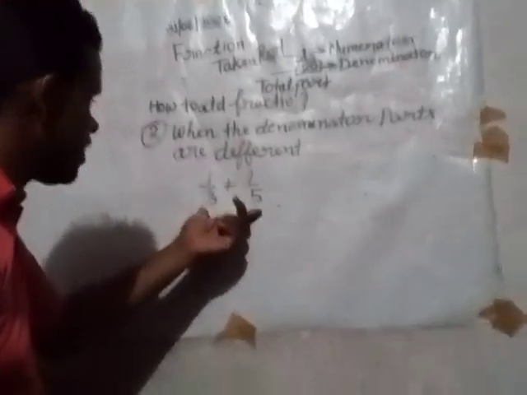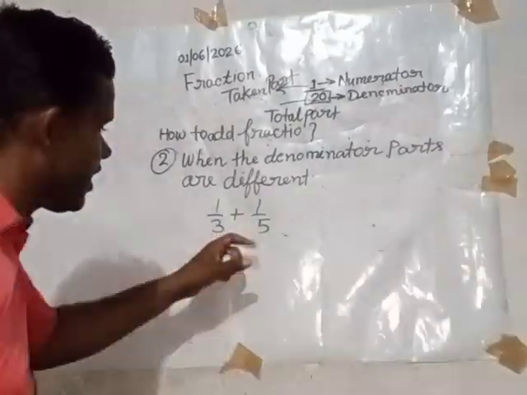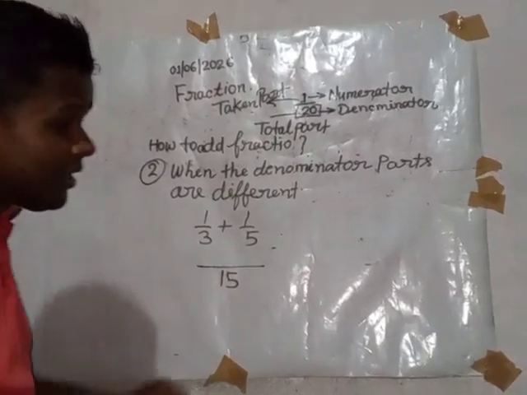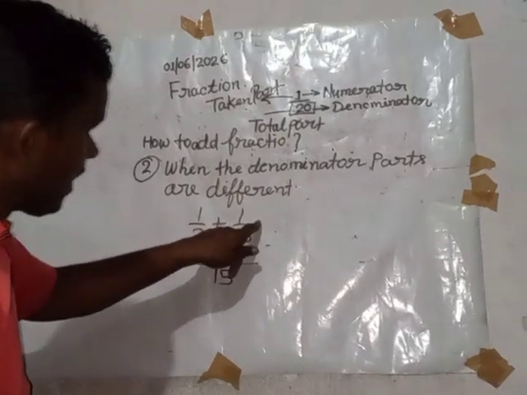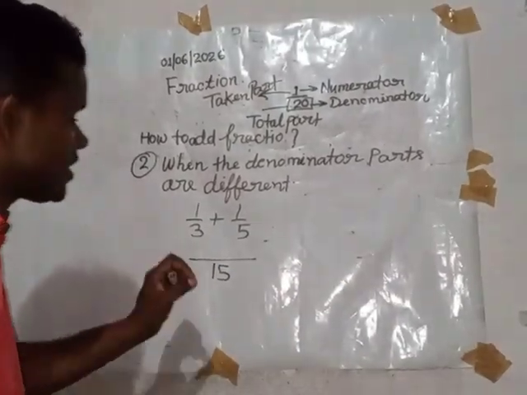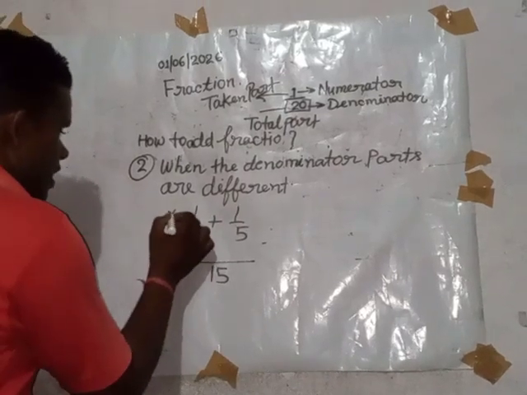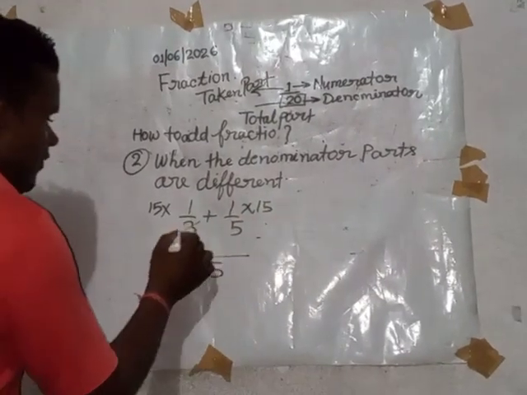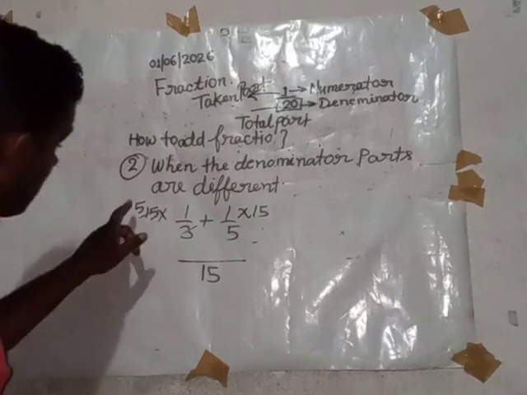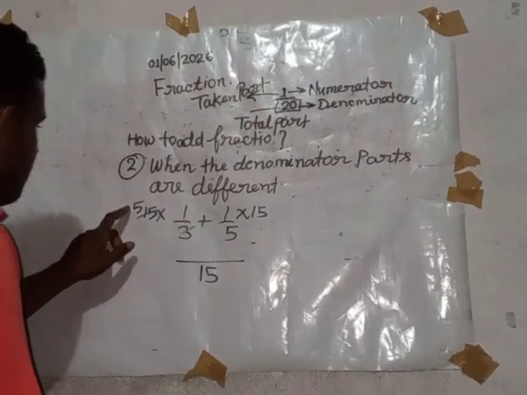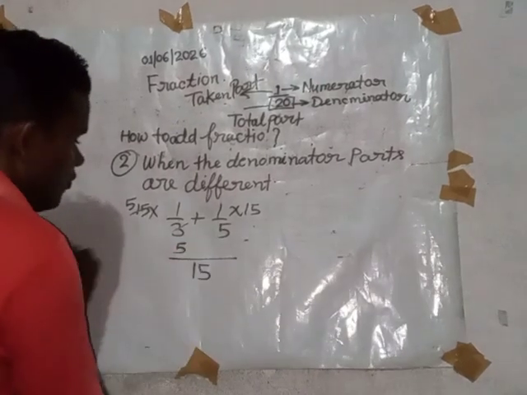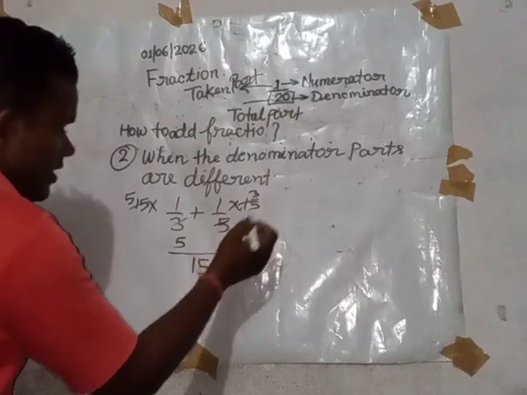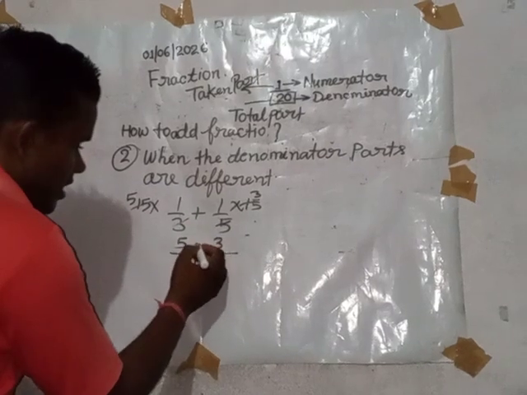Here the LCM of 3 and 5 is 15, so we write 15. We multiply each fraction by 15. 3 5s are 15, so we write 5 and multiply by its numerator: 5 1s are 5, so we write 5. Then 5 3s are 15 and 3 1s are 3, so we write 3, and the sign is plus.